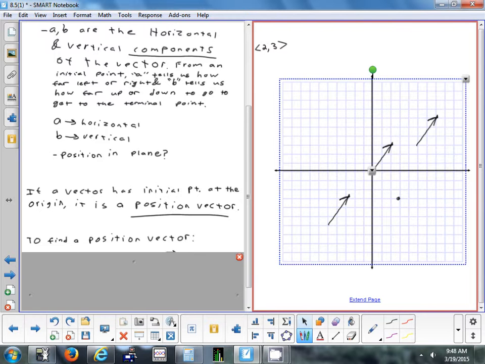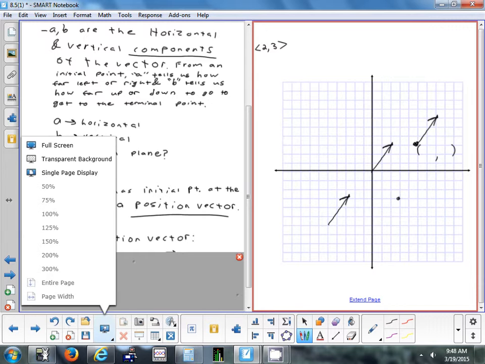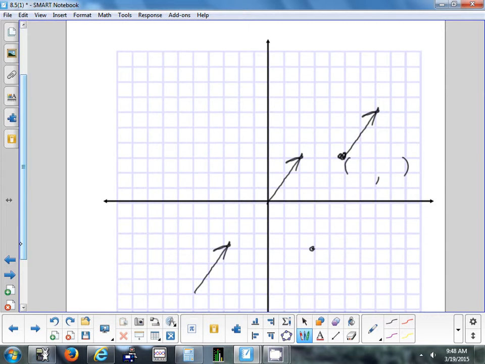We could have used any of them, but this will simplify it a little. What's the coordinates of this point right there? Make it a little bigger. What's the coordinates of that point? Josh? 5, 3. 1, 2, 3, 4, 5, 3.